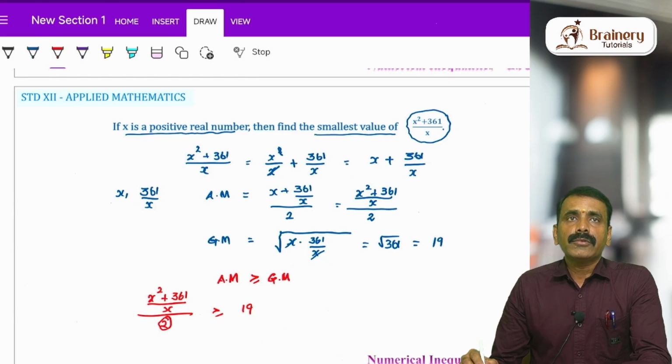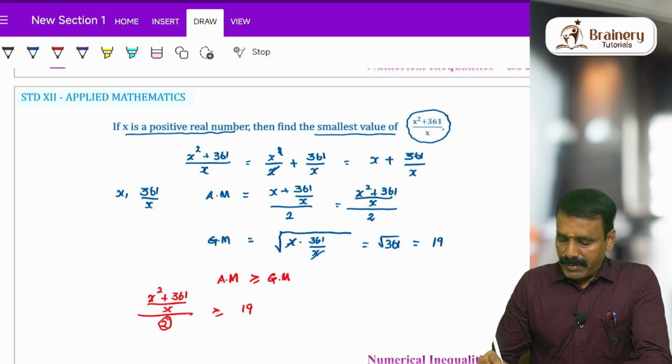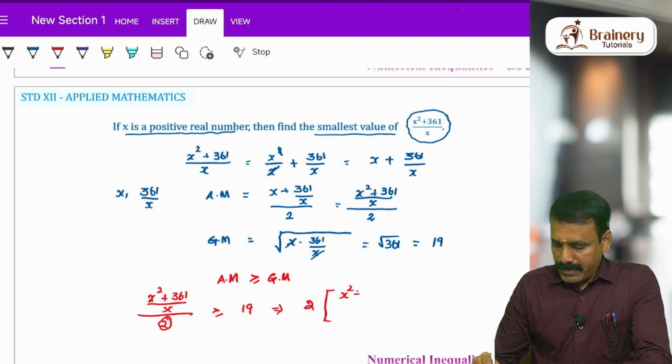on both sides. 2 is nothing but the multiplicative inverse of 1 by 2. So 2 into (x square plus 361 by x) divided by 2 is greater than or equal to 2 into 19.